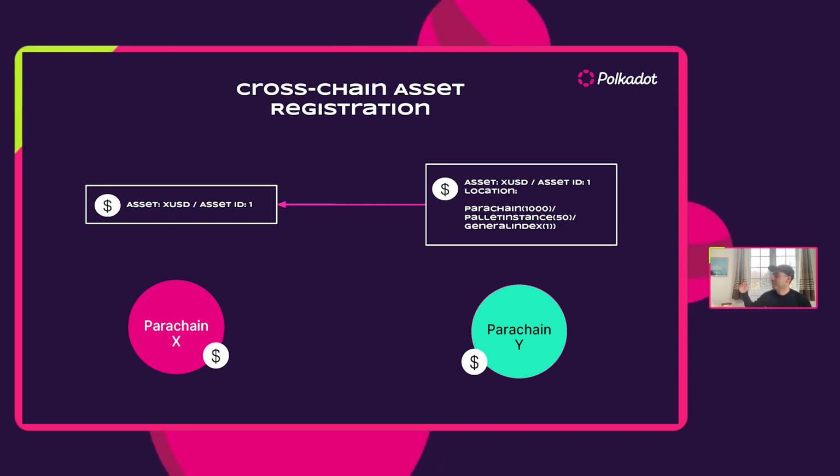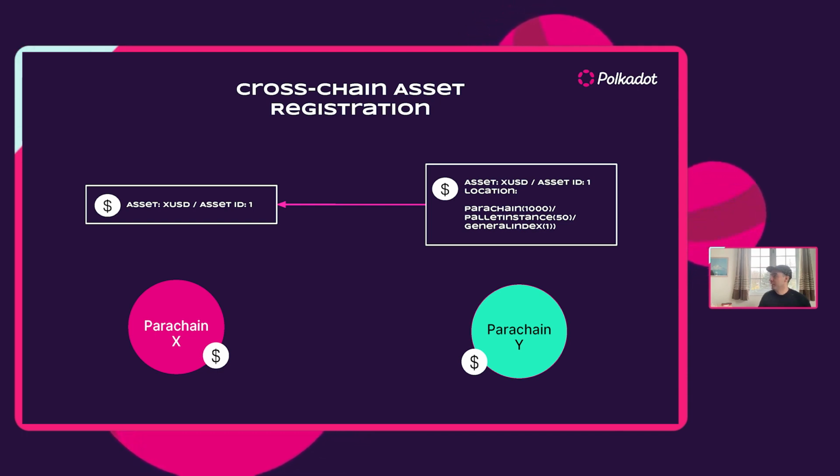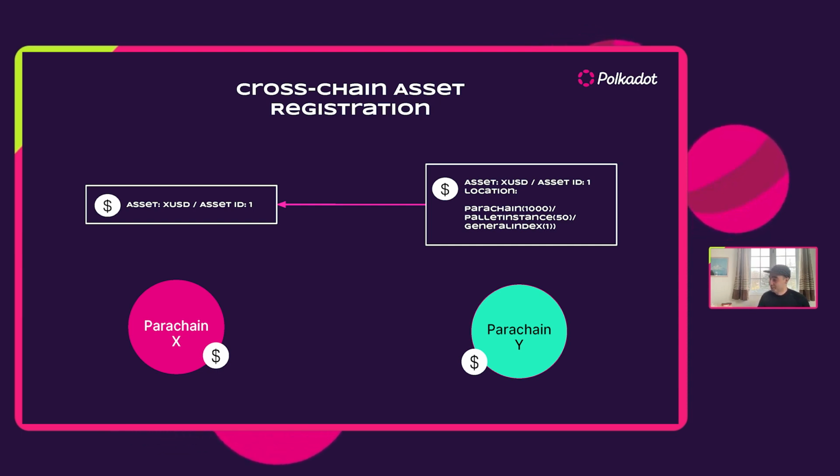In this case, pallet assets on this runtime is at index 50, and then the general index of that asset on this chain. I misspoke: it's the pallet instance on parachain X, so it's going to be 50 on parachain X.